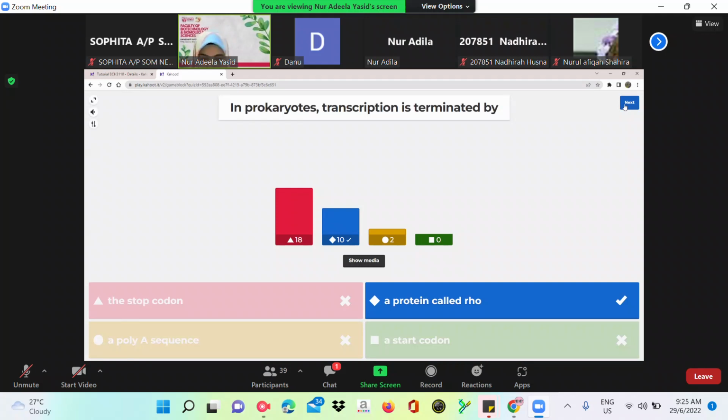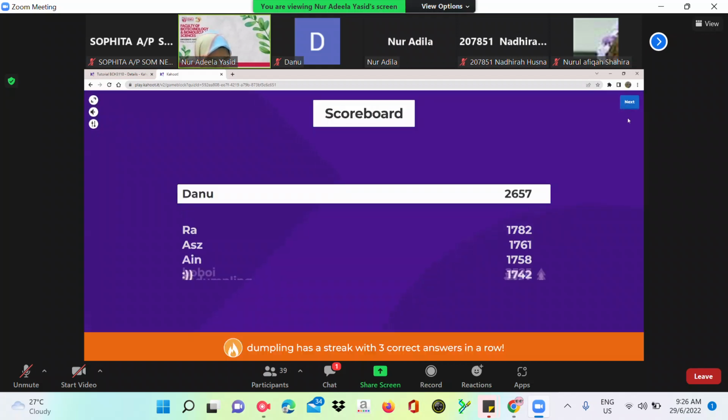Basically, there are two ways: one is protein based, and another one is RNA based or sequence based. For protein based, we depend on the rho protein. Kalau for transcription, tak ada kena mengenai dengan stop codon. We need stop codon for translation, but to stop the transcription process, there are two ways: rho protein, or by sequence base, by the sequence itself. All right. Next questions.